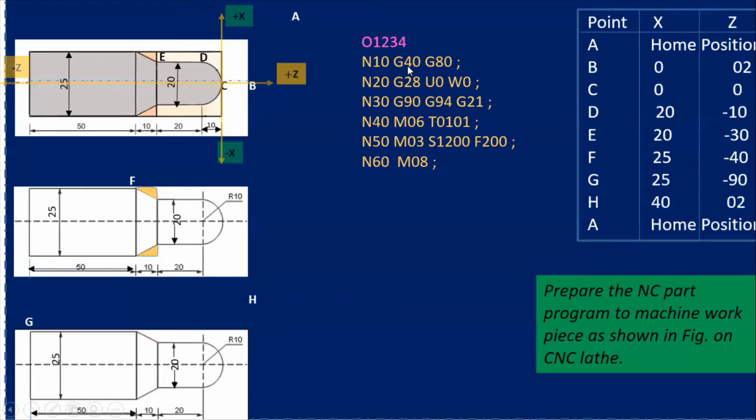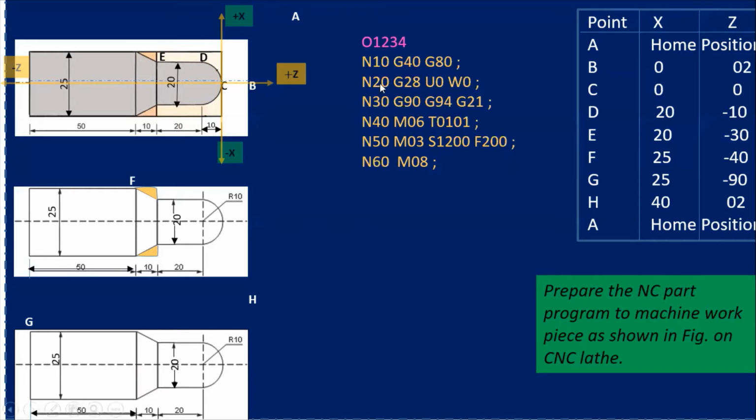G40 is the cutter radius compensation cancel, and G80 is the cycle cancel. If in the previous operation any change in the tool was made or a cycle was run, we cancel it, so it is always on the safer side.